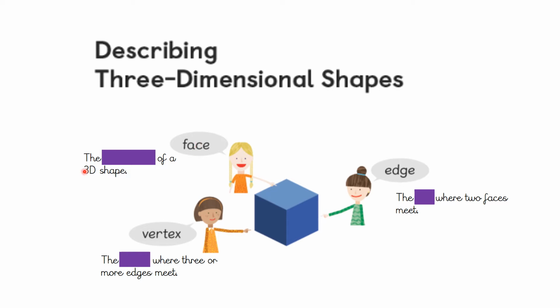This is the flat surface of a 3D shape. Let's say edge together. This is the line where two faces meet. And finally, let's say vertex, the corner where 3 or more edges meet.